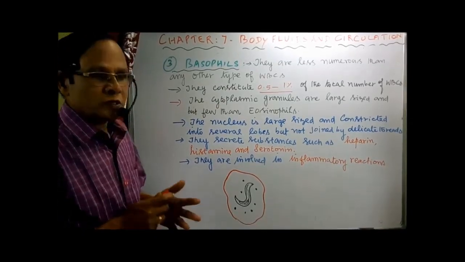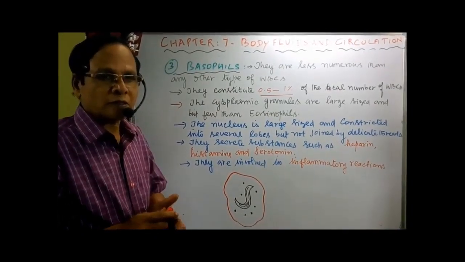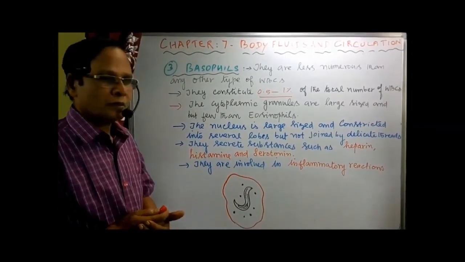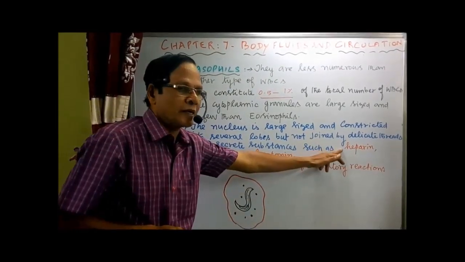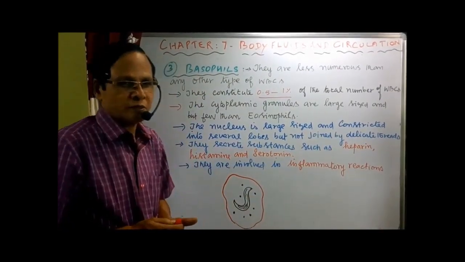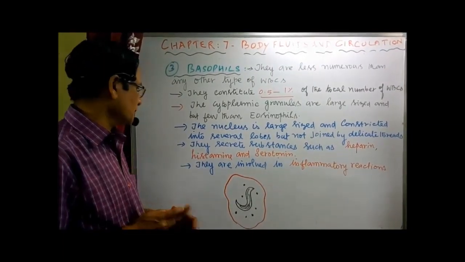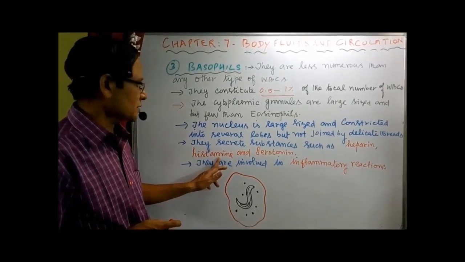Then, what is their role? They secrete very important substances taking part in inflammatory reactions. What are the substances secreted? They secrete heparin, an anticoagulant, which prevents the coagulation of blood inside the blood vessels. Histamine takes part in allergic reactions.